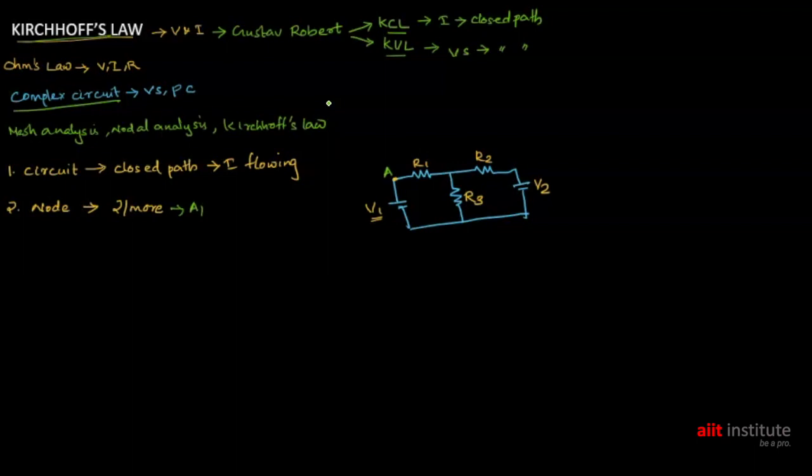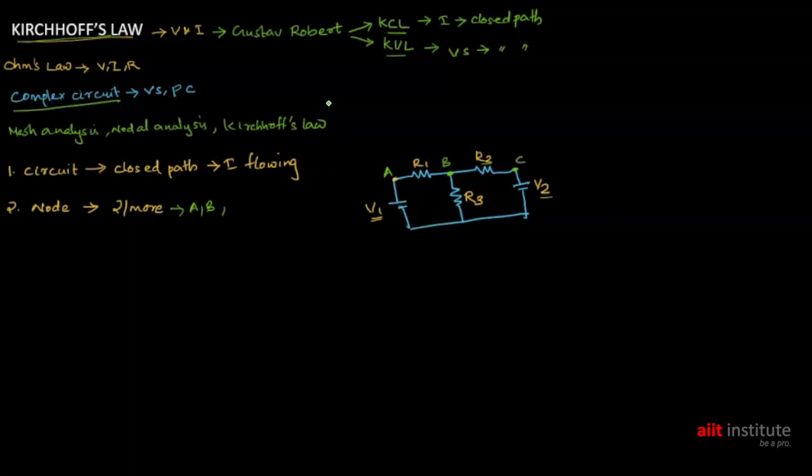Similarly, here three resistors are meeting at this point. So I am naming this B. B is also a node. Here, resistor R2 and voltage source V2 are connecting at this point.